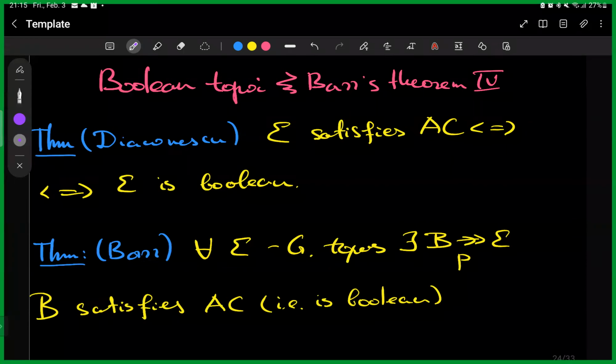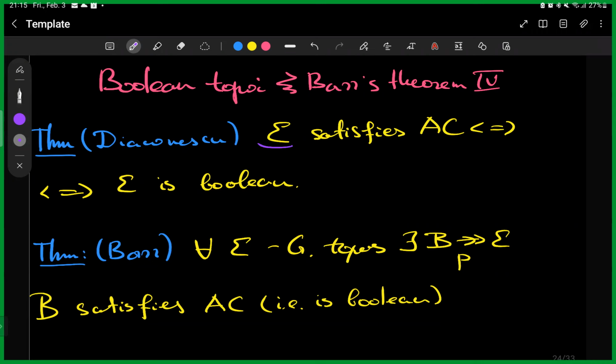But first, we have the following characterization of Diaconescu, which states that if a topos satisfies the axiom of choice, this means that this topos is Boolean and vice versa. So the condition of being Boolean is equivalent to the axiom of choice.